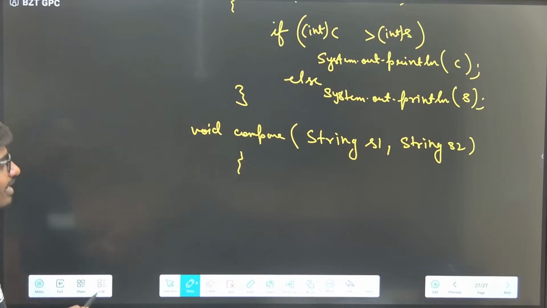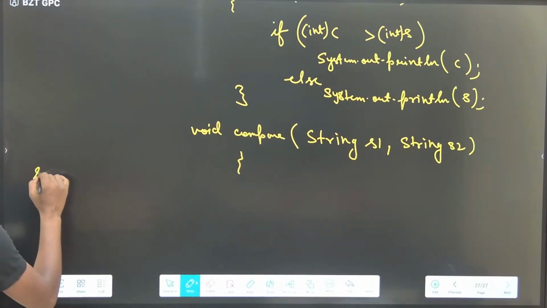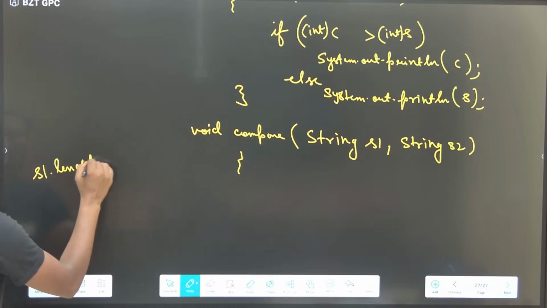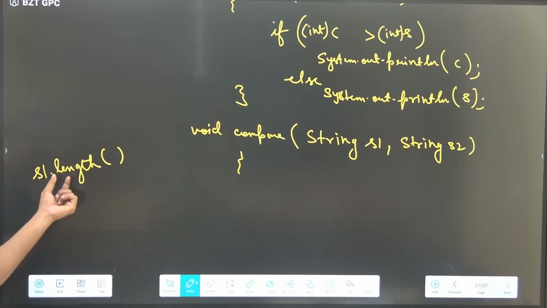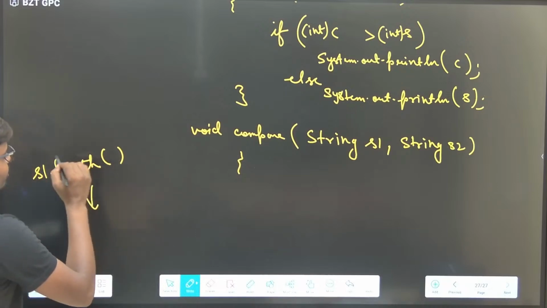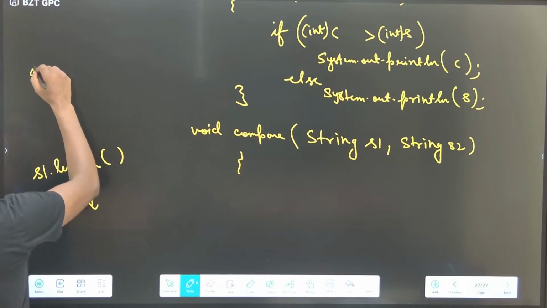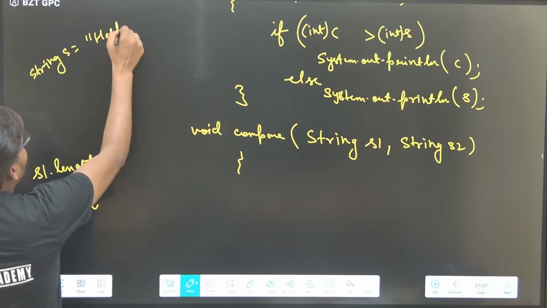Generally for string, as we have not covered the chapter on string, I will let you know that with a string there is one method called length. In any string variable, you apply this method, string.length, and it will return the length of the string. For example, suppose this string s is equal to hello.